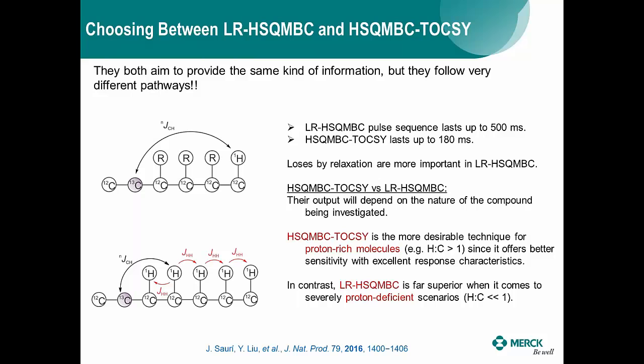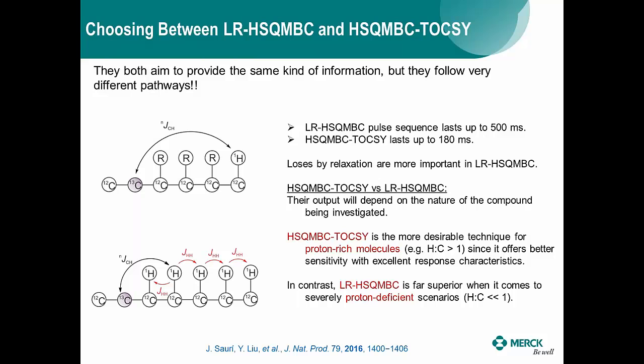Now, because these experiments follow different pathways, they are aimed to provide information for different kinds of molecules. Basically, what I'm trying to say is that the LR-HSQMBC, because the transfer pathway is a direct correlation, has no need for a high number of protons.